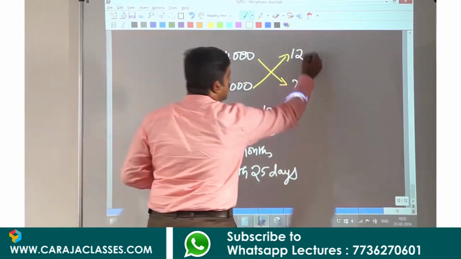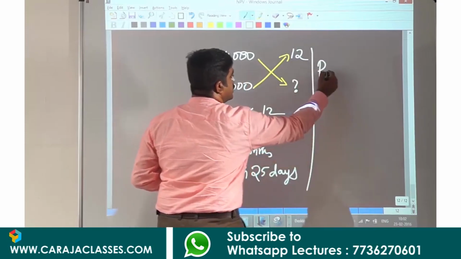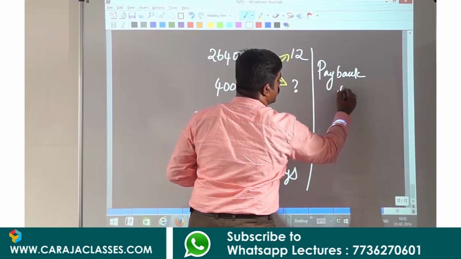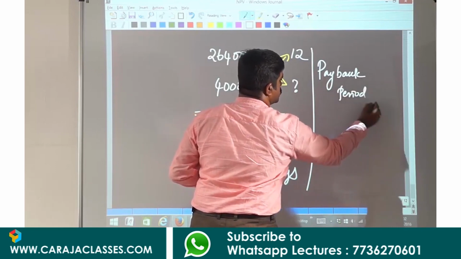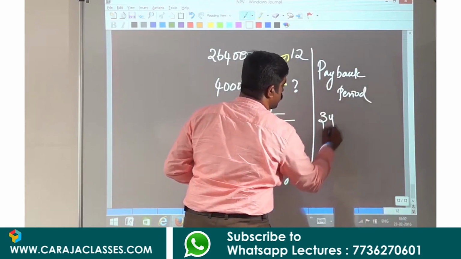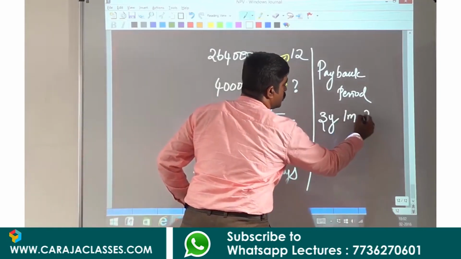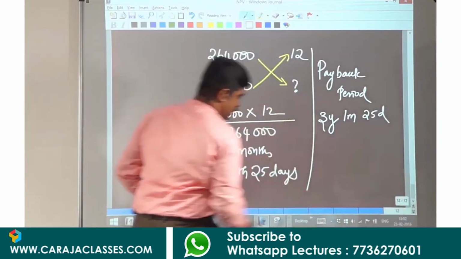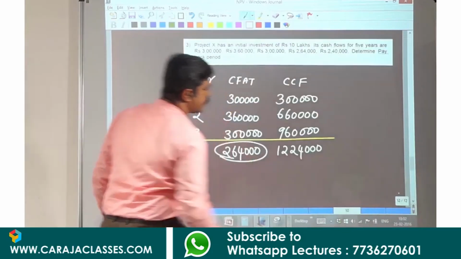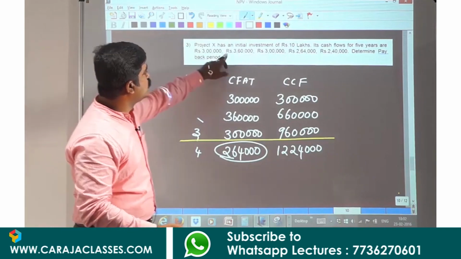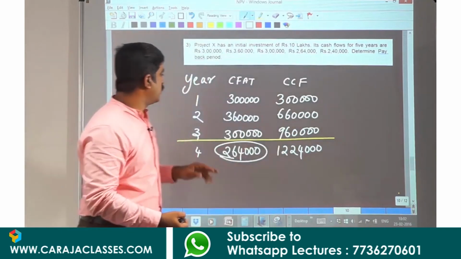So what is the payback period? The payback period in this case is nothing but 3 years. It is 3 years, 1 month and 25 days. Let us just cross check. We have calculated the cash flows. Year 1, 2, 3, 4, 5 cash flows are available.